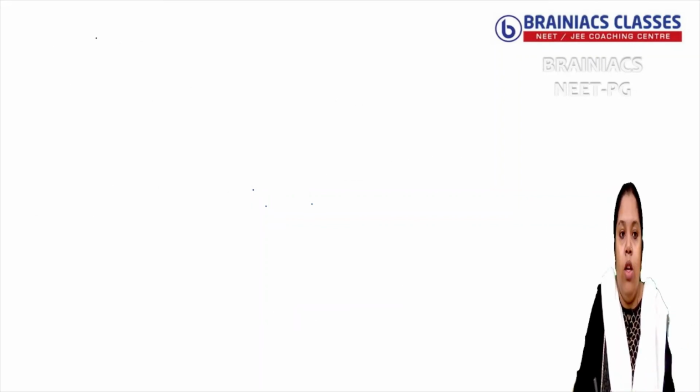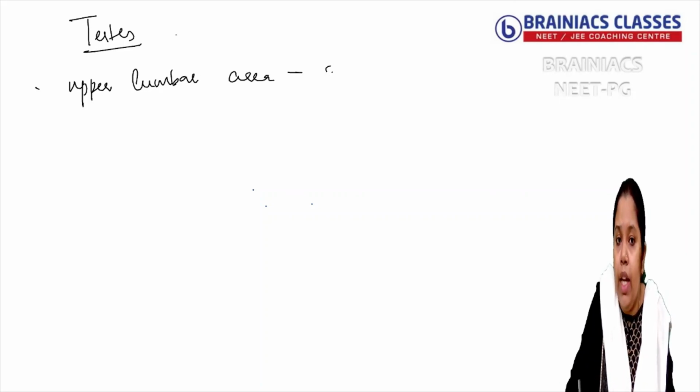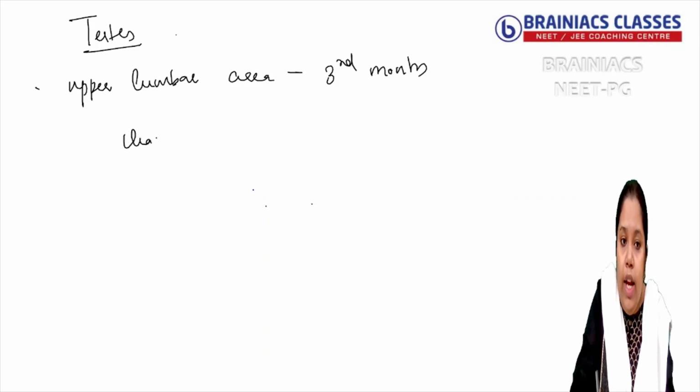The testis is formed in the upper lumbar area, and it is present there till the 3rd month. It reaches the iliac fossa by the 4th month.